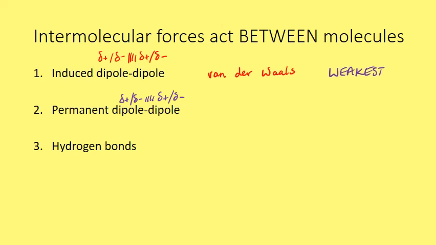And these, of the three intermolecular forces, are the strongest. But they're still only about a tenth as strong as a covalent bond. So there are the three different types.